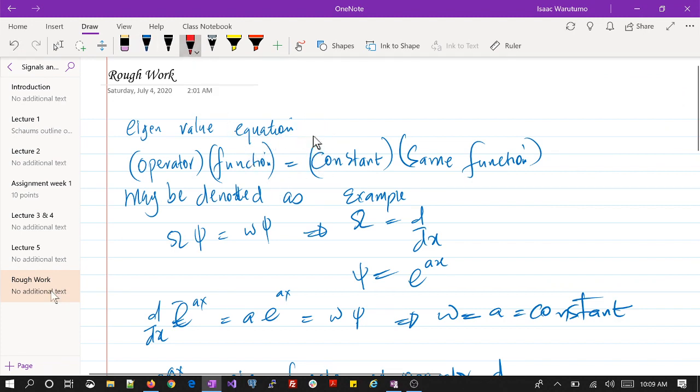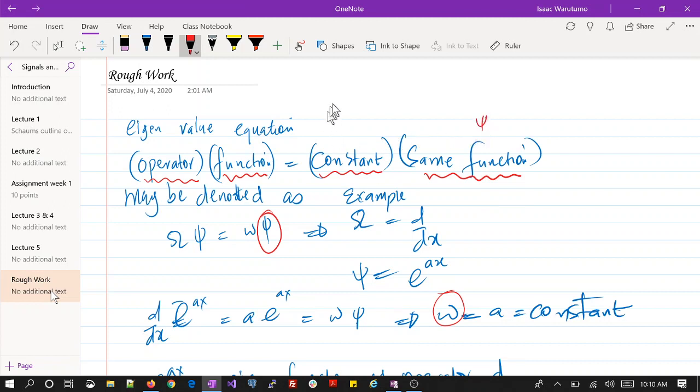We normally say that we have an eigenvalue equation described by an operator that acts on a function f of t, which can be defined by psi, and always gives you a constant value that we describe by omega, and it gives you the same function that you had, psi.